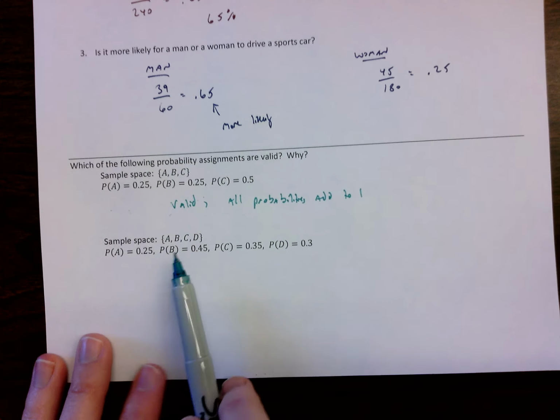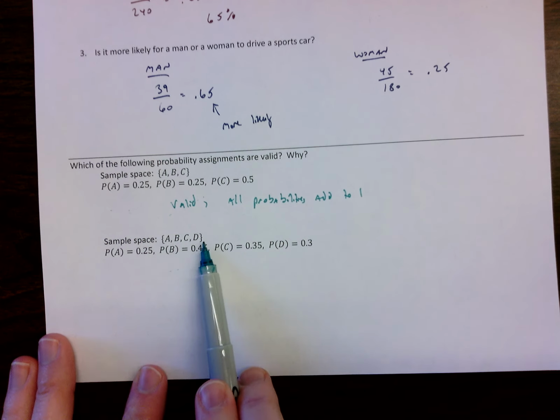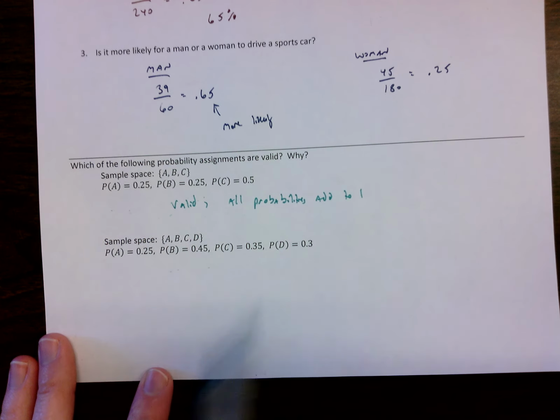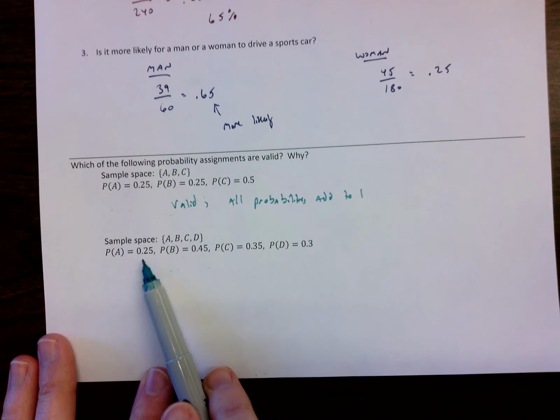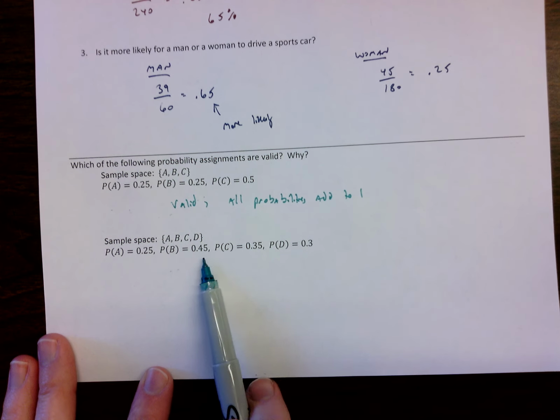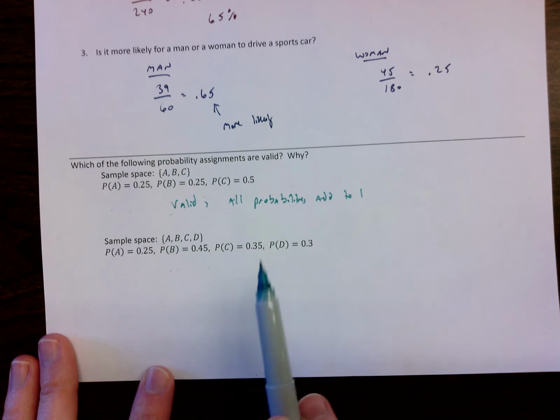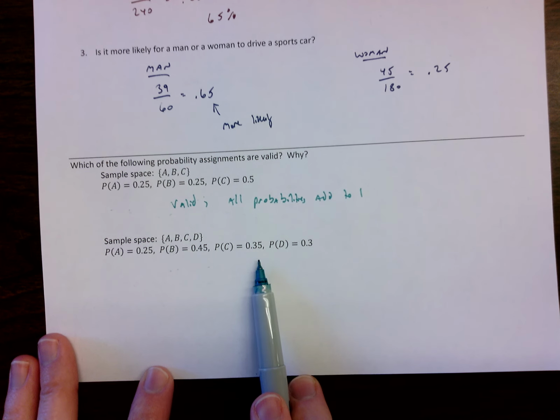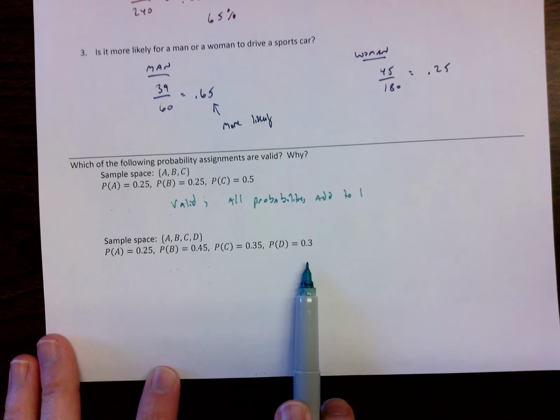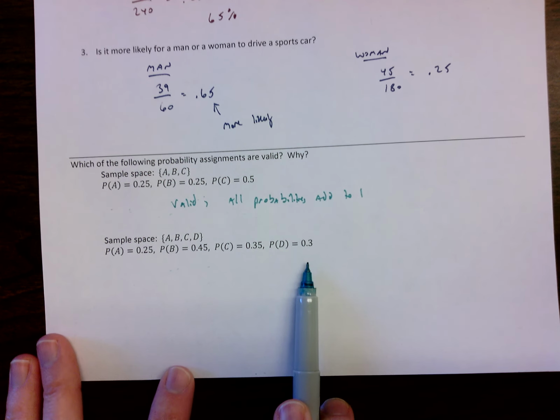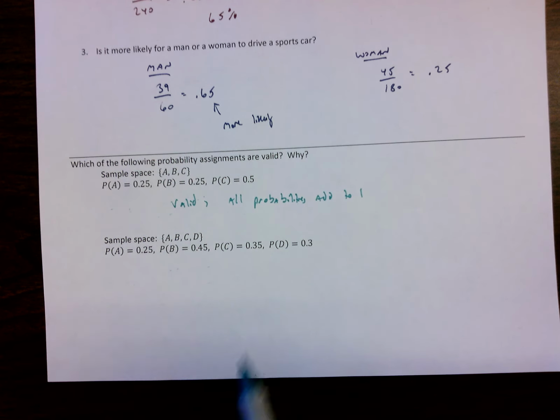Okay, now same thing down here. This one, the sample space, there's 4 events, and we're given the probability of these 4 events. So if I add these together, 0.25 plus 0.45, that's 0.7. 0.7 plus 0.35, that's 1.05, and that would be 1.35. Okay, so this is not possible because you're above 100%.